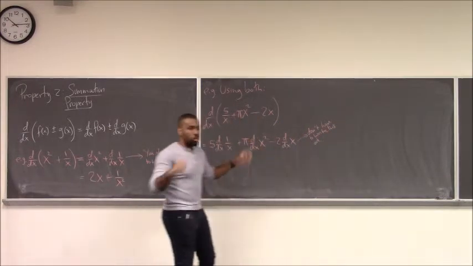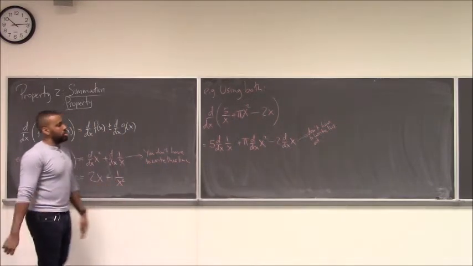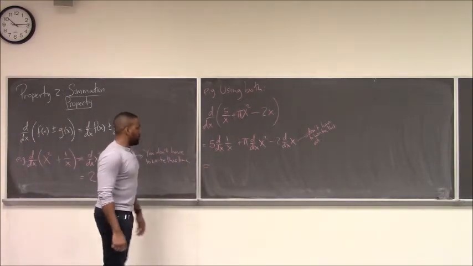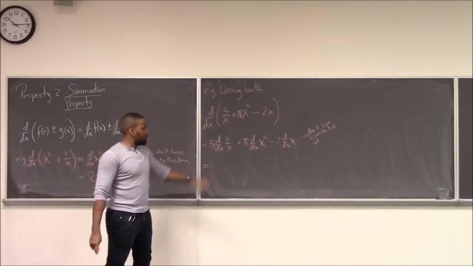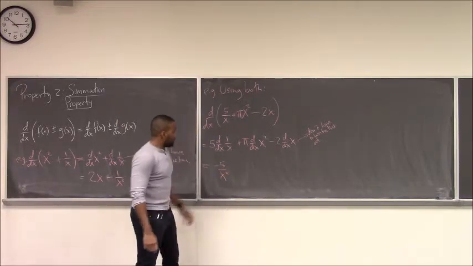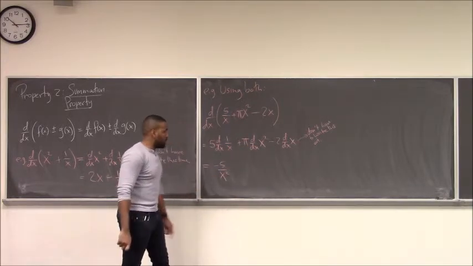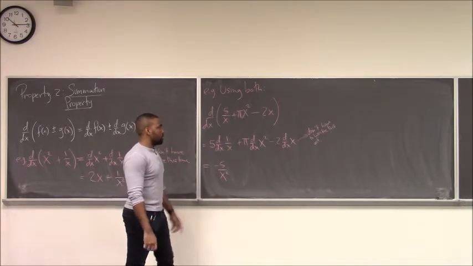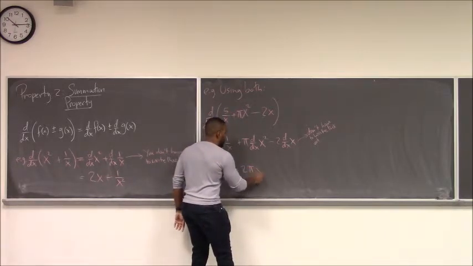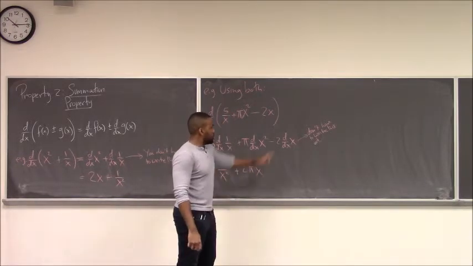So if I ask you to show your work and you omit this line, it's fine. But yeah, this is just going to be 5 times the derivative of that, so that ends up being minus 5 over x squared. It's going to be pi times the derivative of x squared, which we know is 2x, so this is just going to be 2 pi x. This is 2 times the derivative of x.